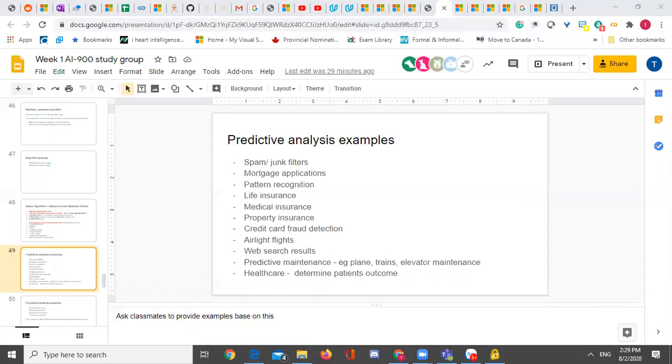Actually, the answer from the link is clustering. Clustering is classifying inputs into categories.